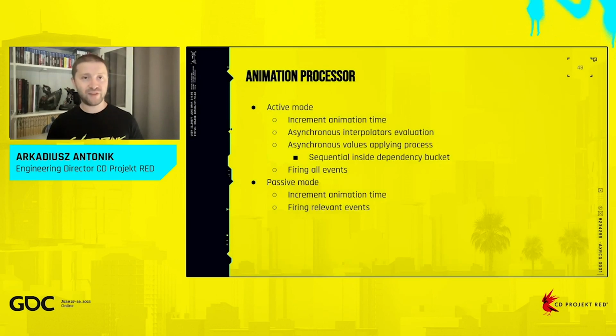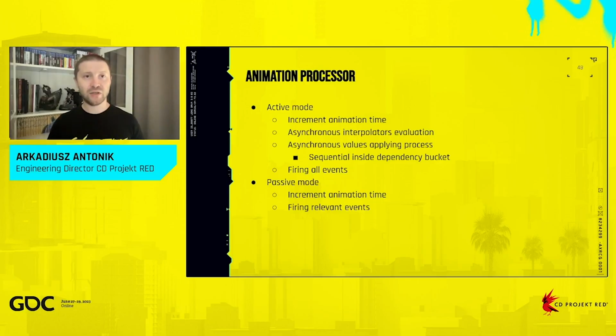As I previously defined two modes, they are applicable for animation as well. For both modes, we need to increment time, and this is obvious. But then, we are evaluating animation and changing values only when player can see the animated UI. Evaluation can be done in parallel because this process only prepares the final value.